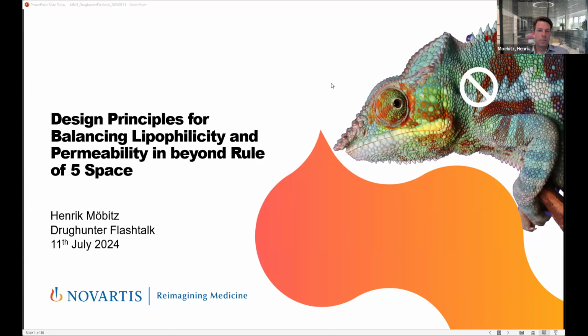And not only is it important to predict each of these properties, so permeability and logP, but more importantly, how do you combine high permeability and low lipophilicity? This is still the stated goal of the rule of 5, because there are two properties that are anti-correlated.